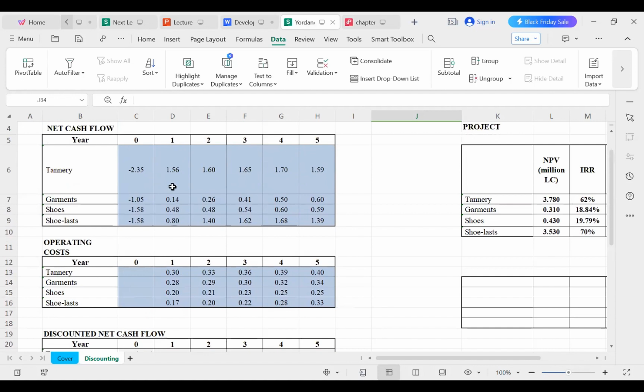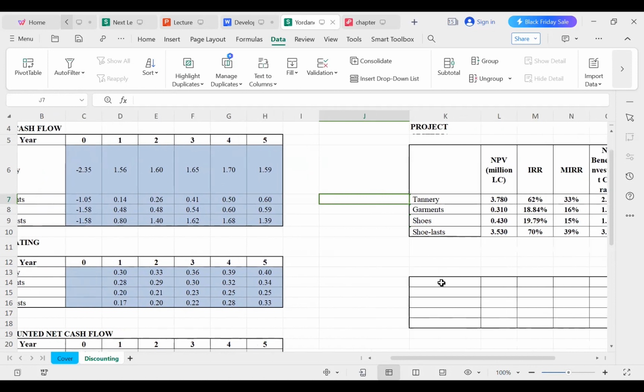Then on the first year, we take 1.56. The formula for discounted cash flow is net cash flow divided by 1 plus R to the power of time. For the first year you power it by 1; for the second year, you power it by 2. Let me show you here.